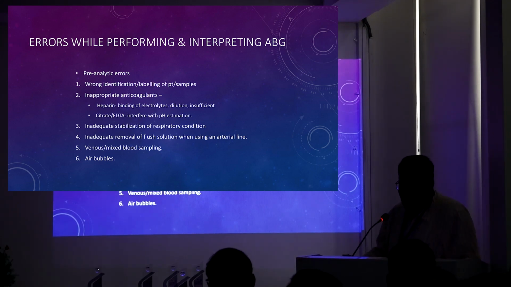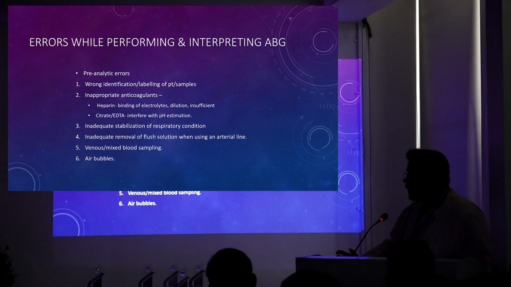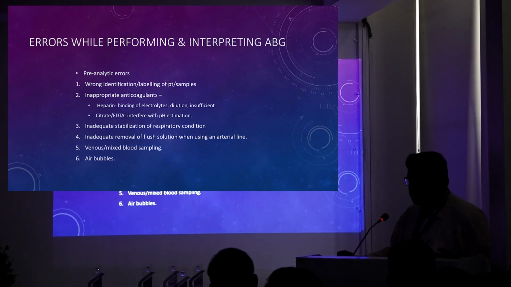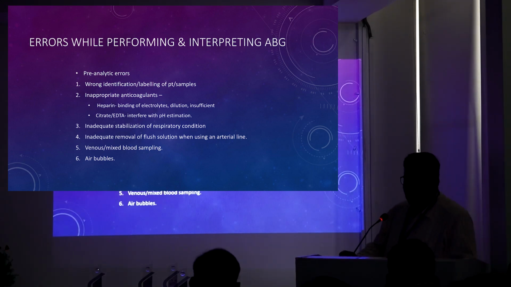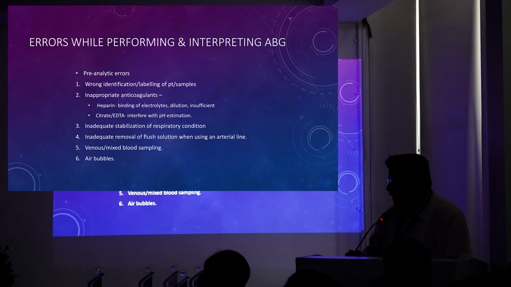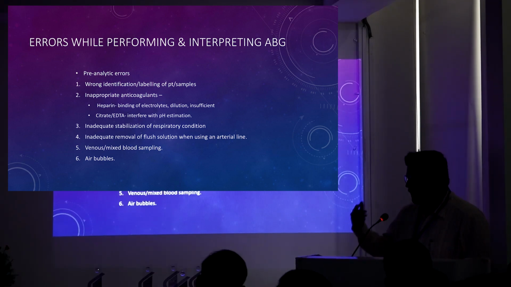The pre-analytical errors can arise from various factors, like wrong identification or labeling of patient samples. It may be inappropriate anticoagulants like citrate or EDTA, which are usually acidic in nature and therefore interfere with the pH estimation. Also with heparin, because most of the time due to cost constraints we use normal heparin and just flush the syringe with it, and that leads to dilution and binding of electrolytes.